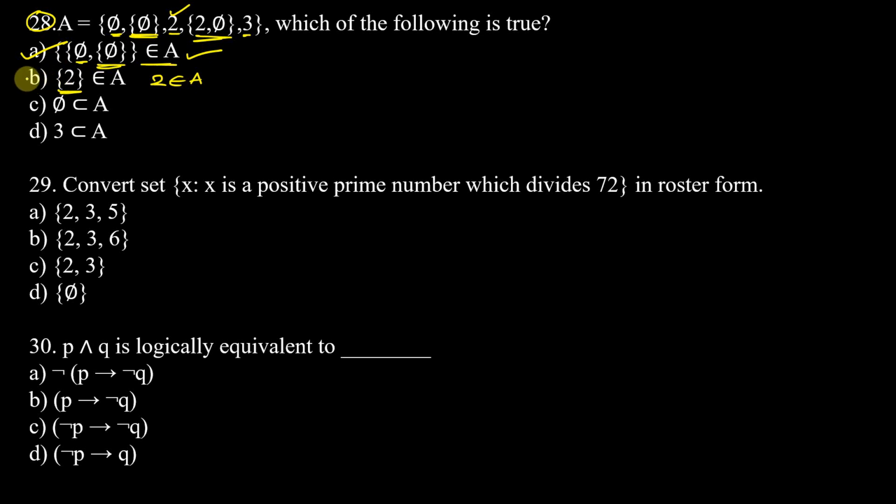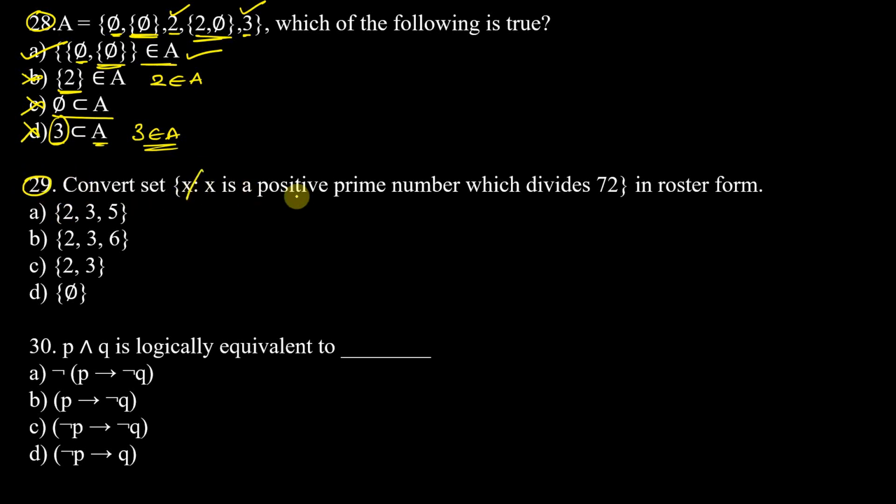The {2} is not a set in A, so it is incorrect. π is a subset of A. And do remember, the empty set is a subset of any set, so it is not appropriate. 3 is a subset of A. So here, what is 3? 3 is an element in A. So we can say 3 belongs to A, it is correct. But we should not write 3 subset of A. So D is wrong.